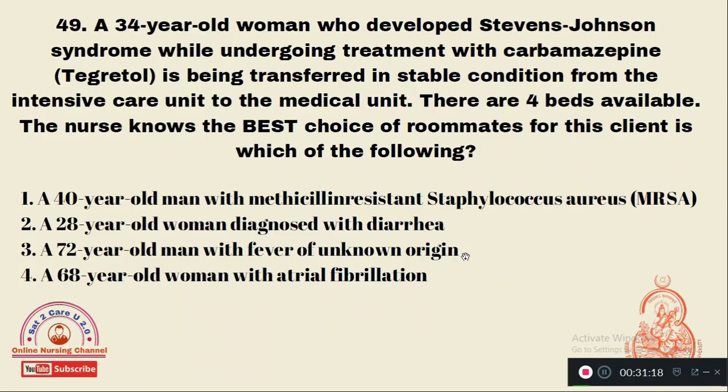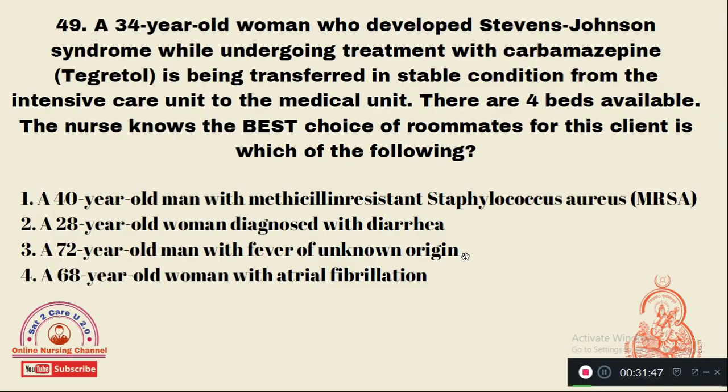Option A, a 40-year-old man with methicillin-resistant Staphylococcus aureus. Option B, a 28-year-old woman diagnosed with diarrhea. Option C, a 72-year-old man with fever of unknown origin. Option D, a 68-year-old woman with atrial fibrillation.